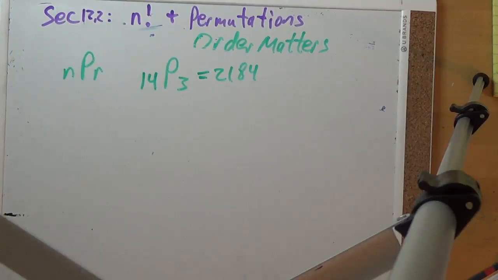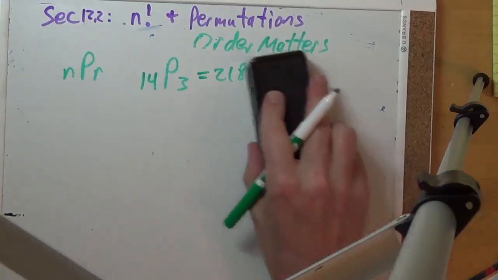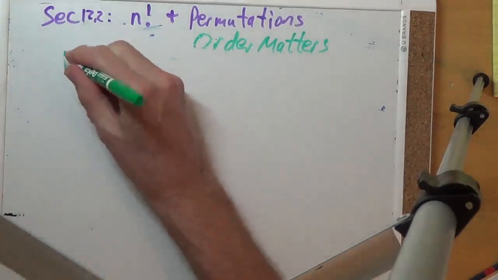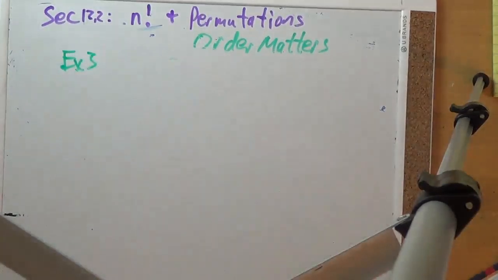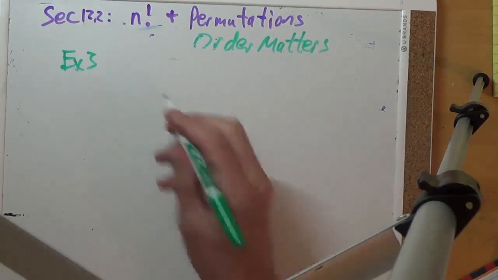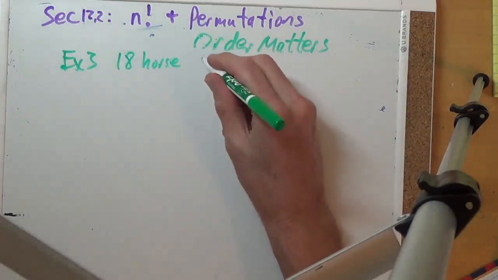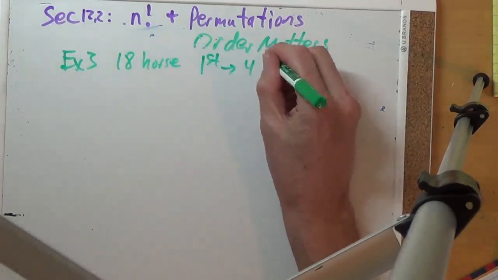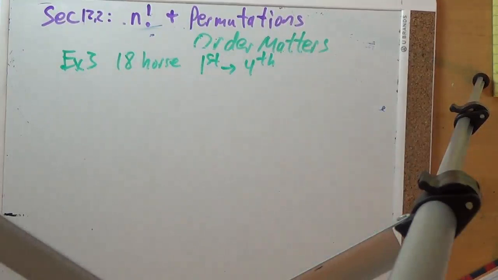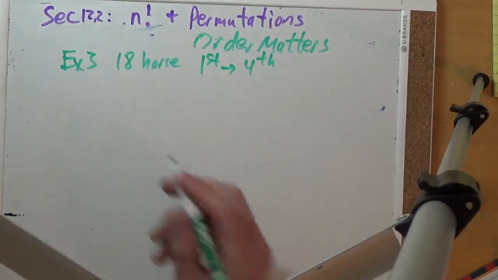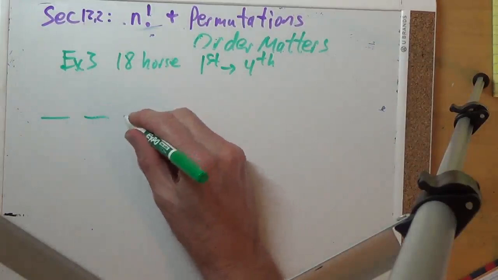So I'm going to do example 3. In 2015, there's 18 horses entered in the Kentucky Derby. How many different finishes of first through fourth place were possible? So 18 horses. We want first to fourth. I'm going to do it two ways. I'm going to use the counting principle.